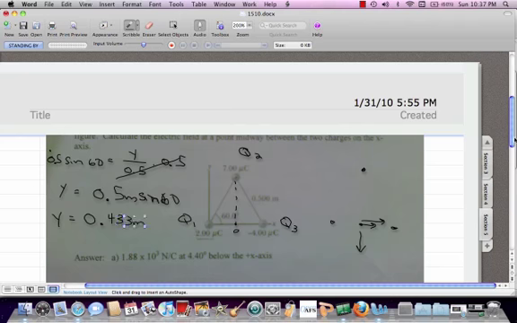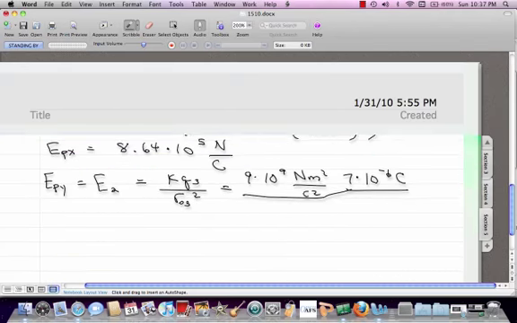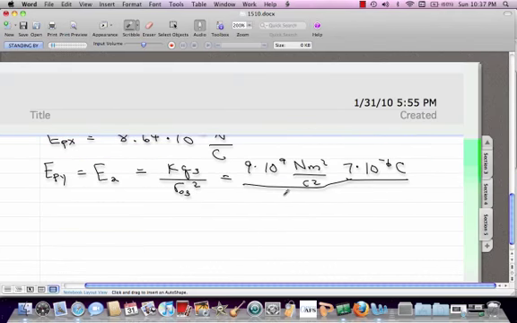So I can plug that in, 0.433 meters squared. And I find that EPY equals 3.36 times 10 to the 5th newtons per coulomb.